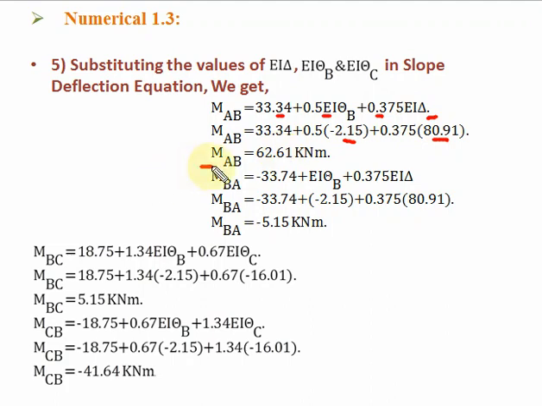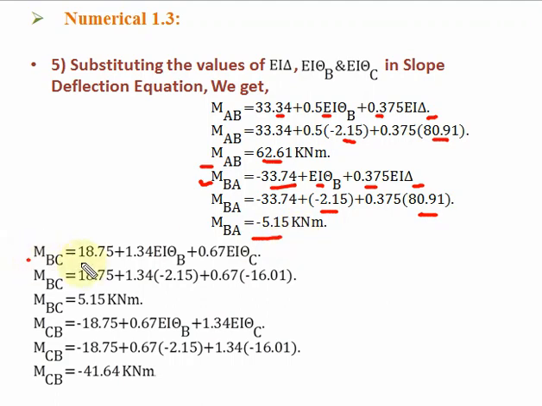So by putting these unknowns, we have MAB 62.61 kilonewton meter. MBA is minus 33.74 plus EI theta B plus 0.375 EI delta. Putting the values of EI theta B and EI delta, finally we have end moment MBA 5.15 kilonewton meter.